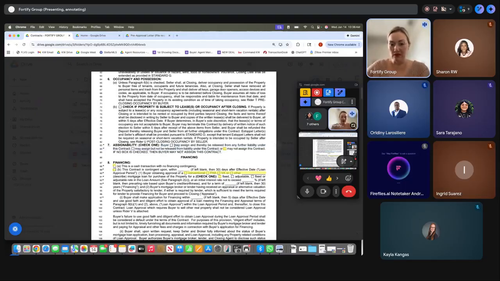Now, the least favorite option would be buyer may assign and be released from liability. This is used by a lot of wholesalers who are flipping properties. I don't want to spend a lot of time on that, but that's basically where someone gets a house under contract. They feel that it's undervalued. They're getting a good price.